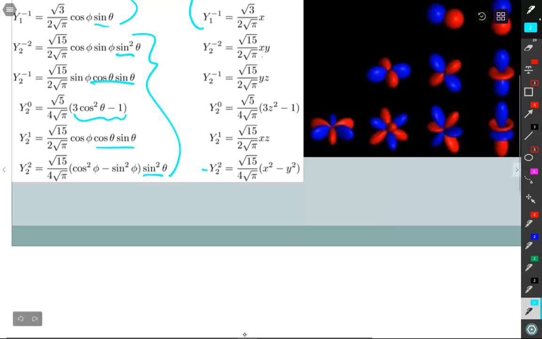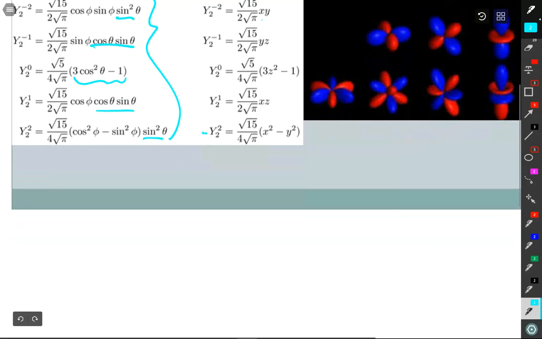So if I look at these, the one with sine squared theta is -2, or actually -2 or +2. And so I have to look a little more carefully. What is cosine squared phi minus sine squared phi, and what is cosine phi sine phi?